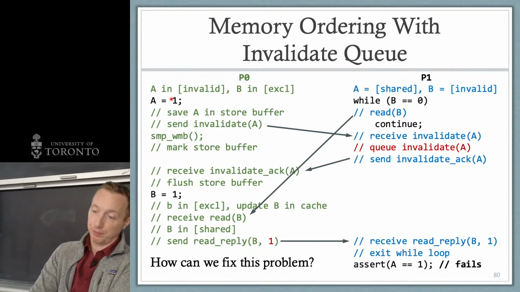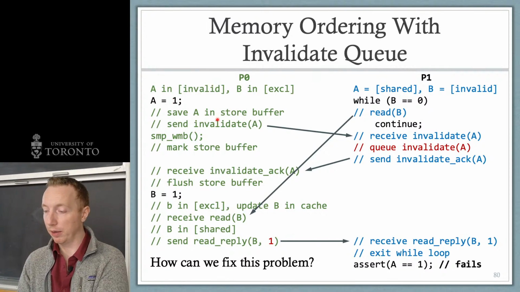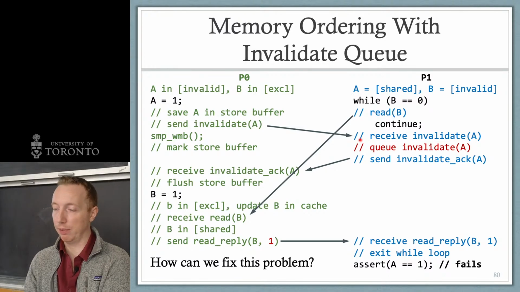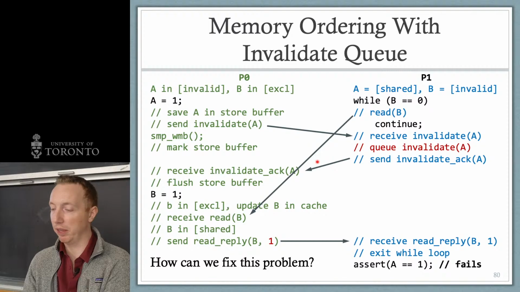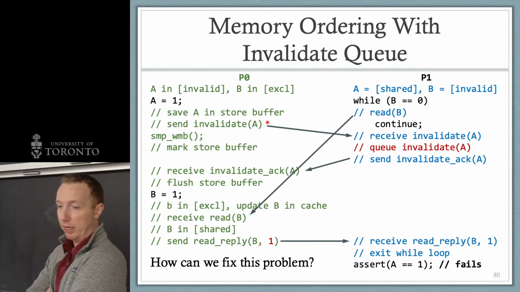So if we update the value of A, it's in that buffer. We would send that invalidate signal to the other thread. It would be like, yeah, no problem. I will invalidate A, I'll just queue it, and I'll just send the acknowledgement to the other core. So it's actually acknowledged that it has updated A.